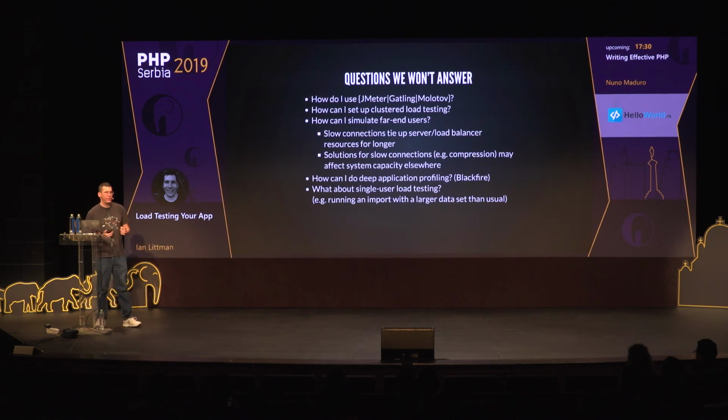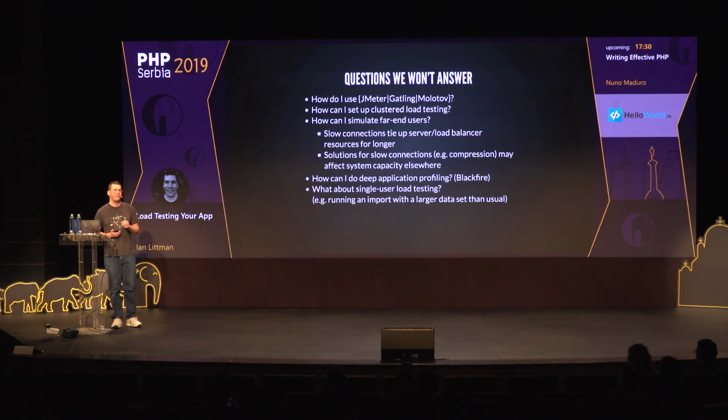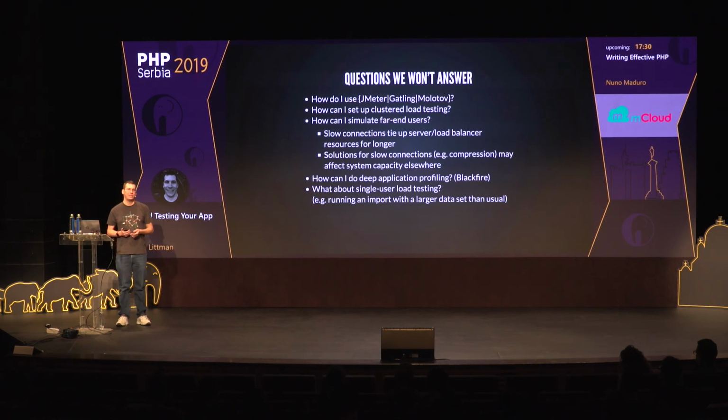Likewise, we're not going to take a deep look into how to, say, load test from the bad end of a mobile connection, for example, if you're trying to use mobile broadband within this building. The key things to think about there, after which I'll move on to the next thing, is that those sorts of connections will take a little bit longer and use up a few more server resources, particularly if it's a slow connection and it takes a little while to download.